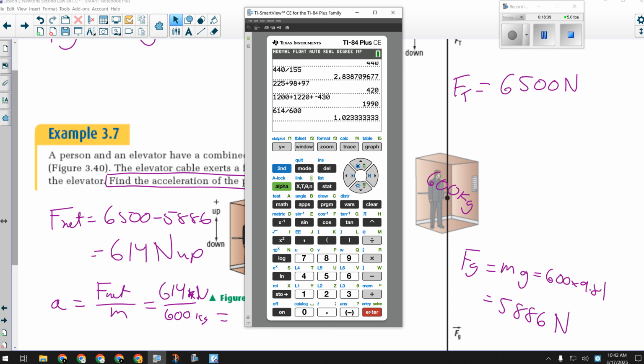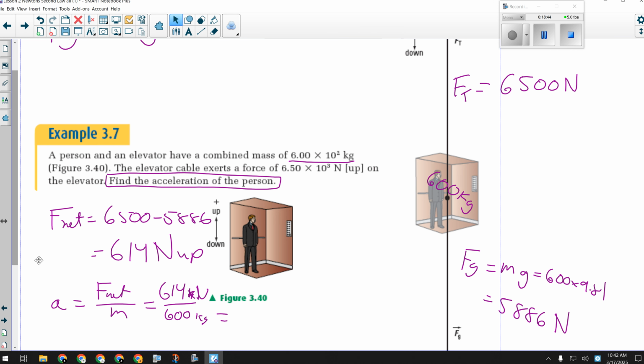We have 3 significant digits there, so 1.02 meters per second squared up. Everybody all right with that? Pretty straightforward, right? Just collinear forces, one up, one down.